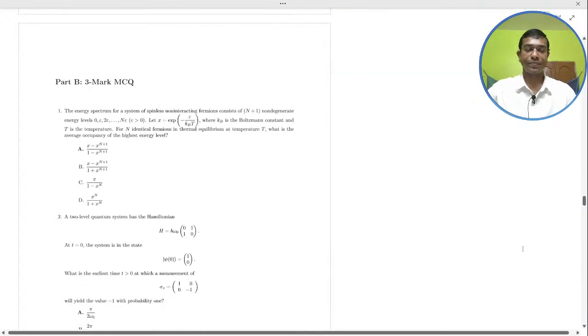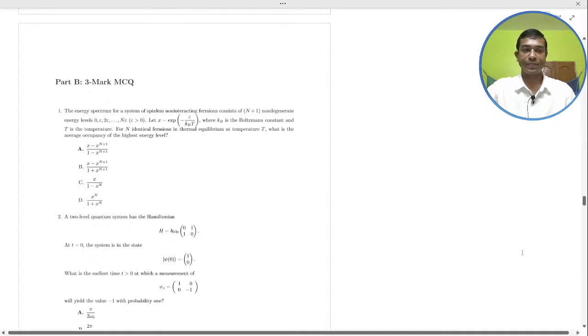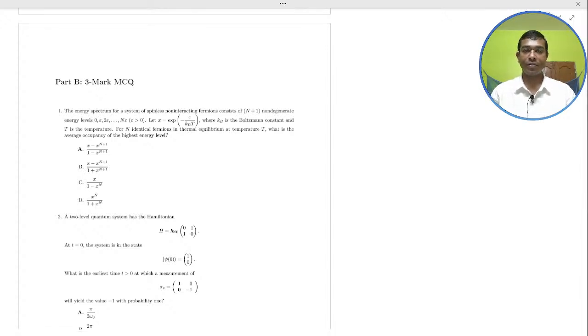Next, part B, MCQ, plus 3 marks each. Question 15. The energy spectrum for a system of spinless non-interacting fermions consists of n plus 1 non-degenerate energy levels. Let x equal to exponential minus epsilon by kT. For n identical fermions in thermal equilibrium at temperature T, what is the average occupancy of the highest energy level?